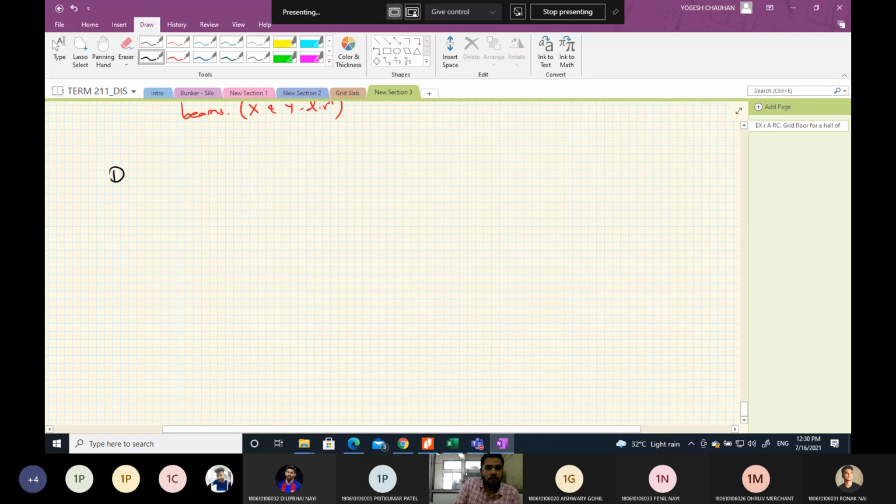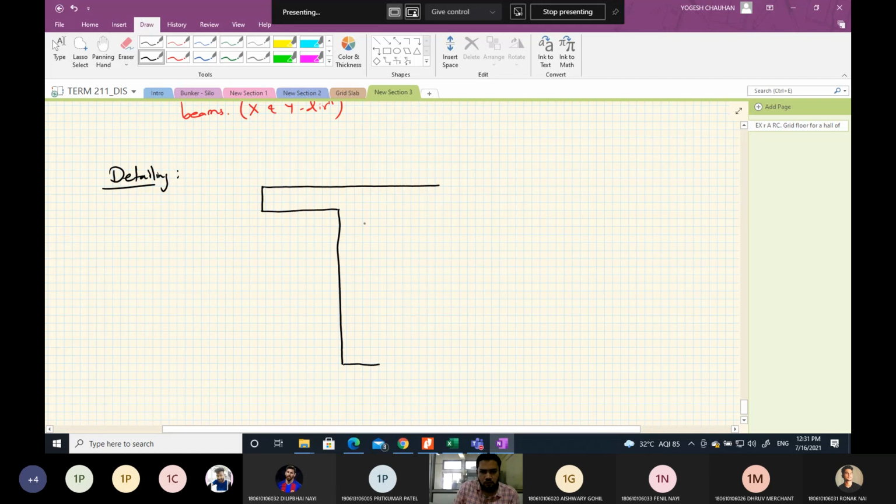Now next step is detailing. You have been asked to draw the reinforcement in the short direction.